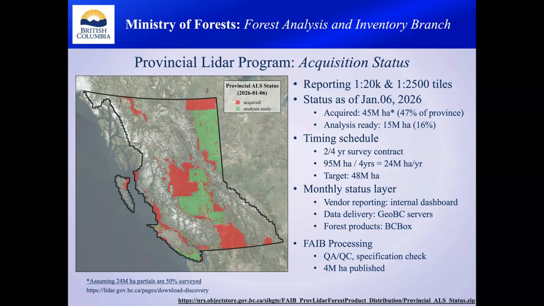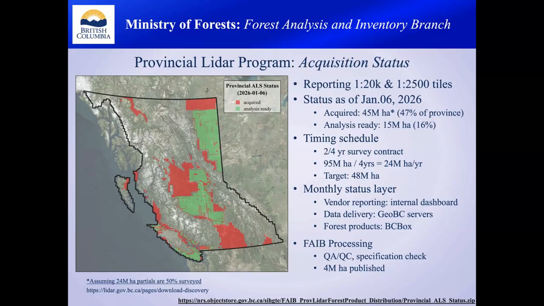That data is being pulled from a couple different places. So we have a vendor reporting system, which is an internal to government dashboard. So that's just being reported by the vendor, not necessarily that the data is in hand, but that they're saying that they've actually done some acquisition over the area.